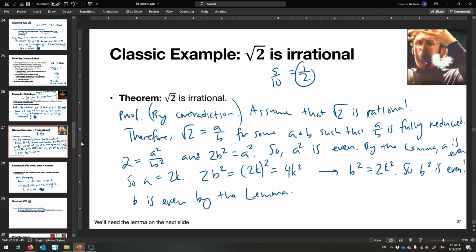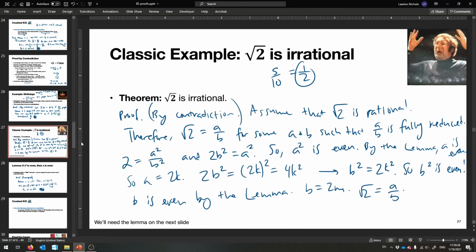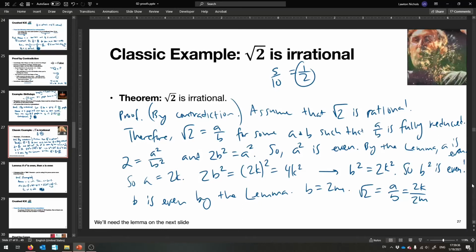Oh man, so b equals 2m for some m. And therefore, dun dun dun, square root of 2 equals a over b equals 2k over 2m, which can be reduced.